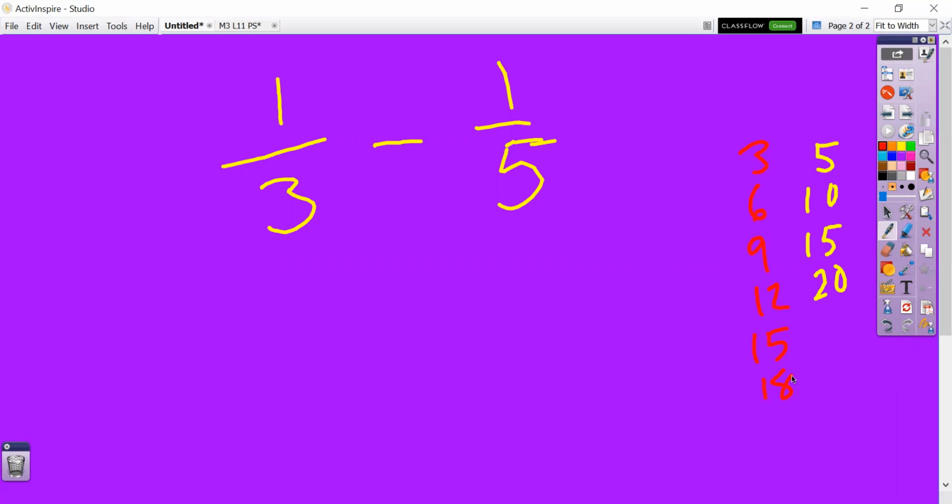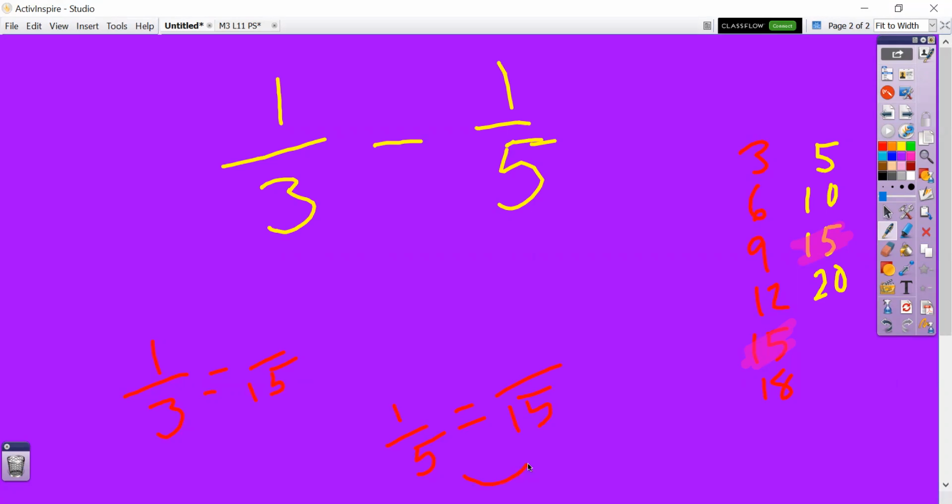And we can see where there's a common unit. We can see that we can make them both 15ths. So let's go ahead and do that conversion down here. We're going to show 1/3 is equal to something 15ths and then we also can show 1/5 is also equal to something 15ths because we know that we've identified which one of these is the common unit.